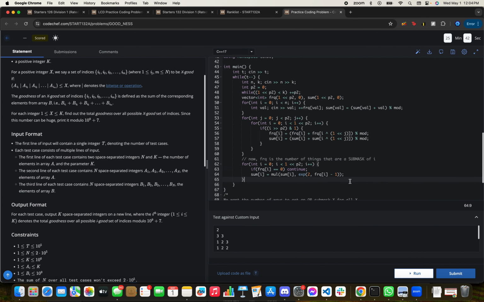Alright, so now I just have to Mobius transform on this and then prefix sum, I believe. How do we Mobius transform?